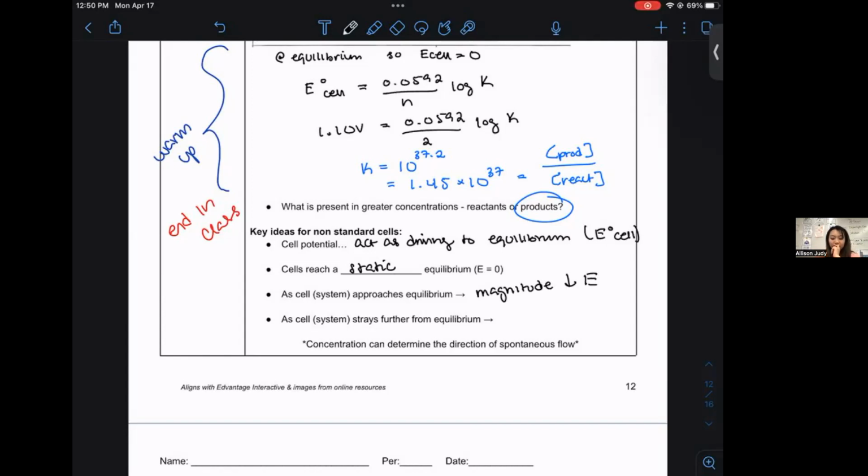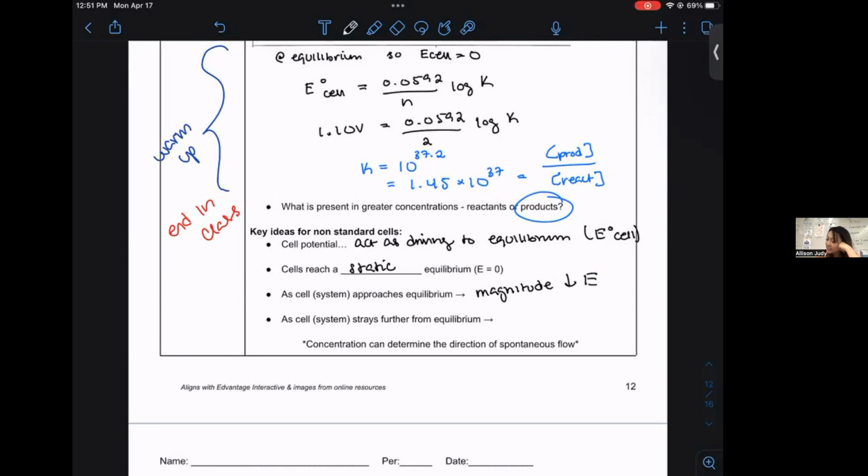Because you're getting closer to equilibrium, you're approaching an E value of 0, rather than your E naught. E naught is under standard 1 molar conditions. Don't you approach zero as you go to equilibrium? Oh yeah, you're right, you're right. Sorry, I was missing that.